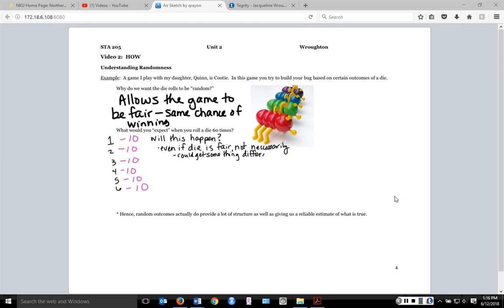What I mean by that is, if I were to roll it 60 times and record what happens, but then I rolled it a separate 60 times, I'm not going to get the same thing even then. So something I might worry about is, how different would still be okay to still believe the die is fair?